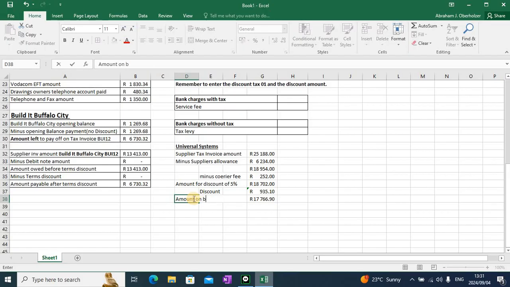The amount on the bank statement was given as 18,018.90. So therefore my discount is going to be 18,702 minus 18,018.90. So my discount is 683.10.